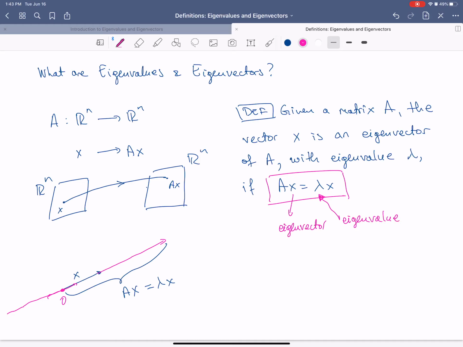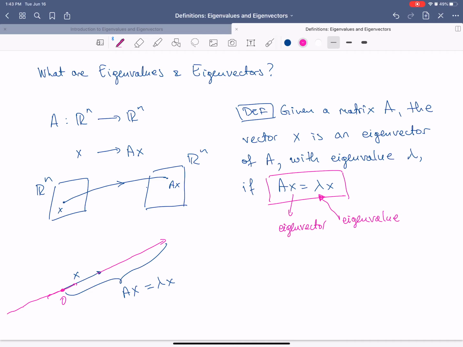Now, if you have one eigenvector, then you have infinitely many eigenvectors. Any multiple will do the trick. For every lambda, there is at least one such vector, but you may also have multiple linearly independent vectors for one lambda. We'll see how to decide on the eigenvectors and how many we have per eigenvalue.